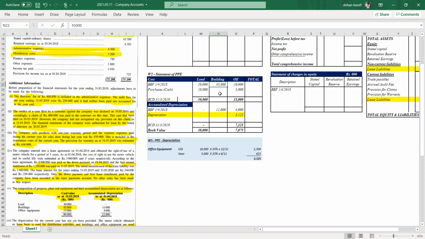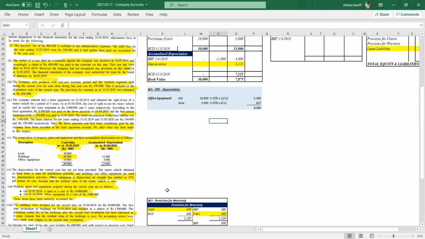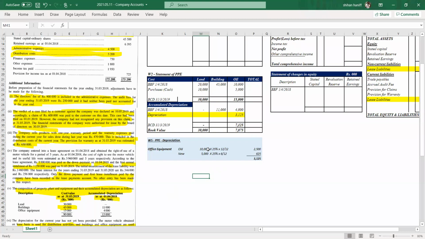Building. Opening balance 45,000. Opening provision for depreciation 11,000. Now the building was revalued for 38. Right?